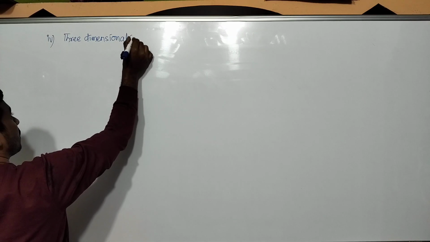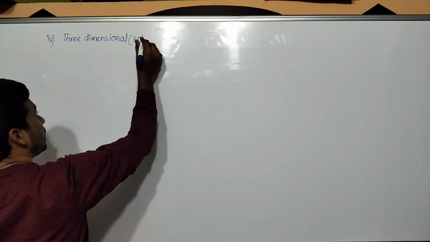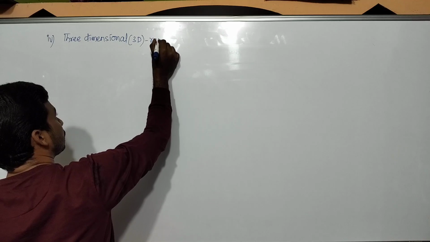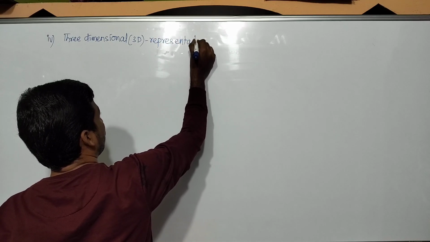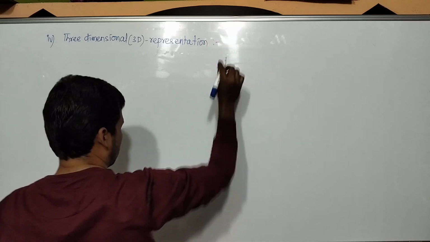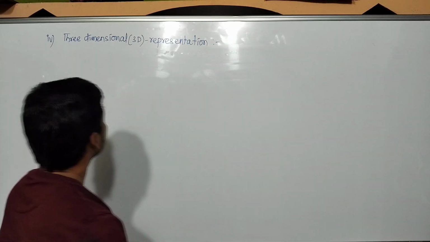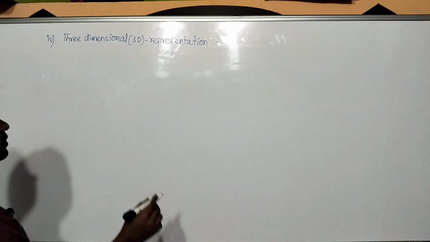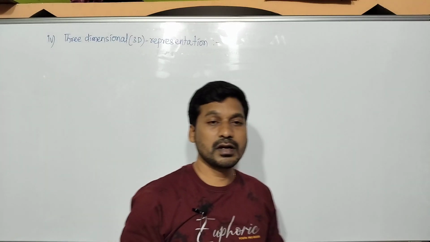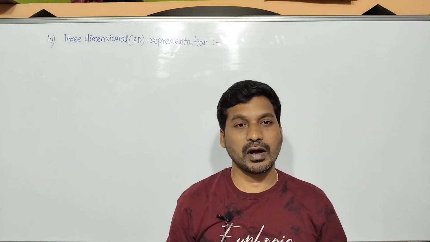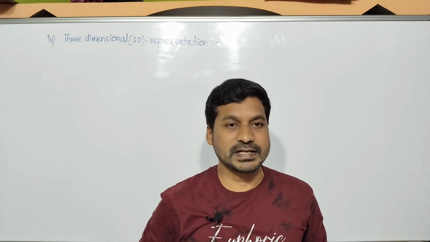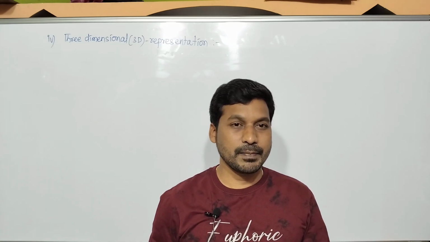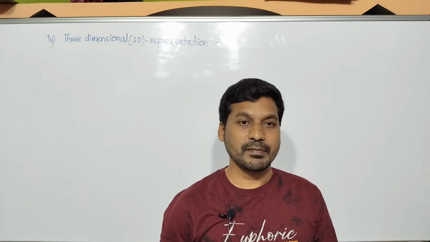This is the last one, the fourth representation. So here, the 3-dimensional representation of an organic molecule on paper or on the board, which is 2-dimensional. On 2-dimensional paper we represent a 3-dimensional molecule.